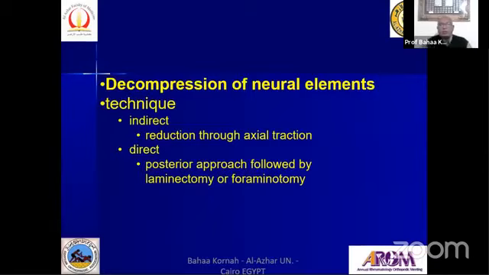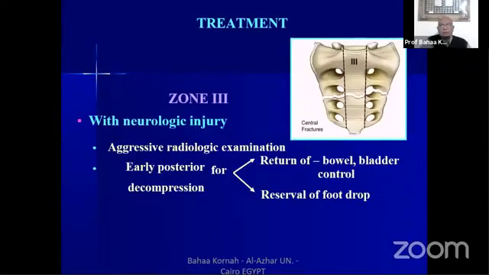Decompression of the neural elements can be done by indirect technique or direct. Indirect by reduction through axial traction, as we mentioned, for lumbosacral fixation or lumboiliac fixation, or direct by posterior approach followed by laminectomy or foraminotomy. This is an example of zone 3 with neurological injury.